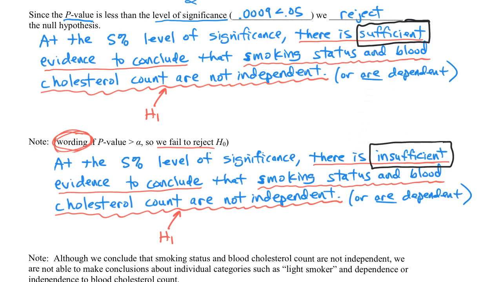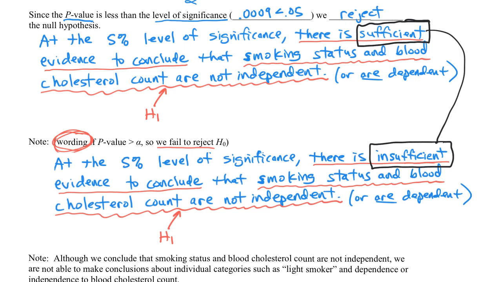This says sufficient evidence to go with H1, and this says insufficient evidence to go with H1. Right here we rejected H naught, so sufficient evidence. Here we didn't reject H naught, so insufficient evidence to go with H1.